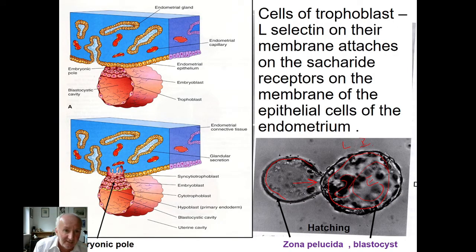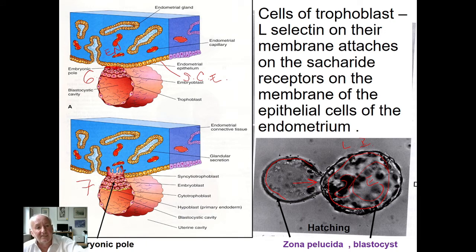And you see the 6th day. This is the endometrium of the uterus, and how the embryonic pole attaches to the surface epithelium of the endometrium. Please, this is simple columnar epithelium. To these epithelial cells the later blastocyst always attaches with the embryonic pole. So this is clearly the 6th day, and this is the 7th day after fertilization.